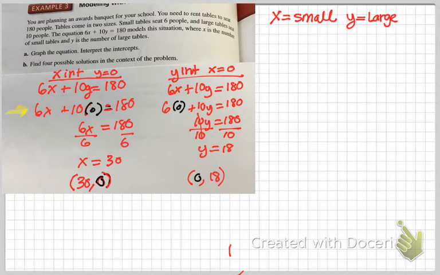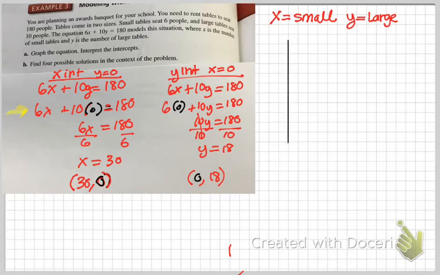So now I'm able to graph. The first part says graph the equation. I'm going to have my x and y axis. Actually, we are talking about tables, so I really don't need all 4 quadrants. I'm only going to need quadrant 1, because x stands for small tables and y stands for large tables. I'm never going to have negatives.